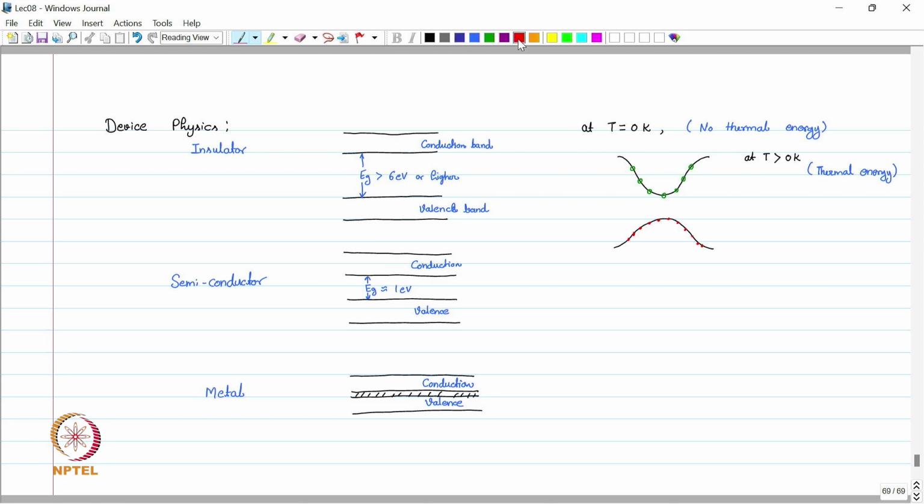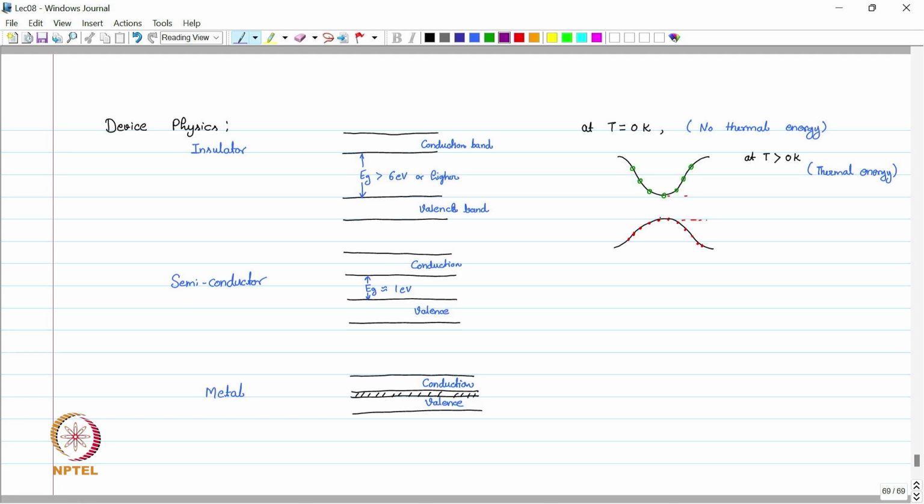Some of these electrons at the very top of the valence band have a high probability of receiving this thermal energy, and they will jump from the maxima of the valence band to the minima of the conduction band, because this is the least amount of energy they need to jump.